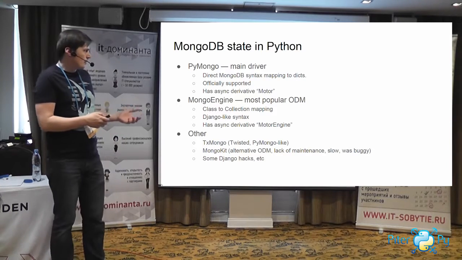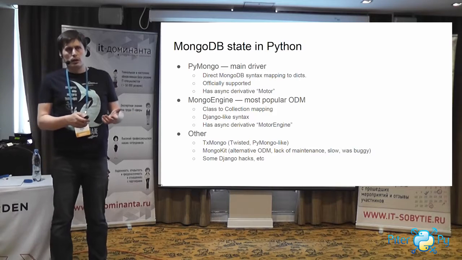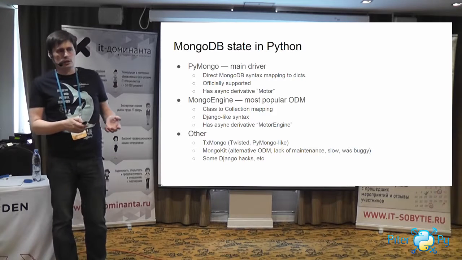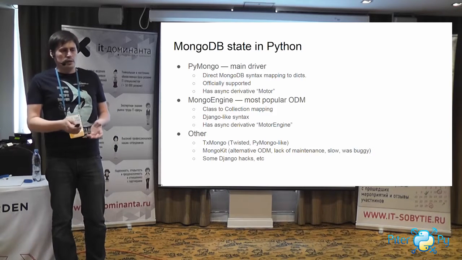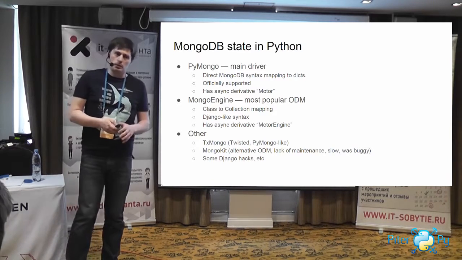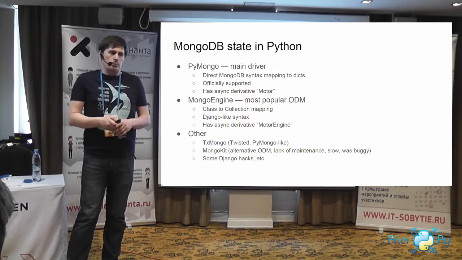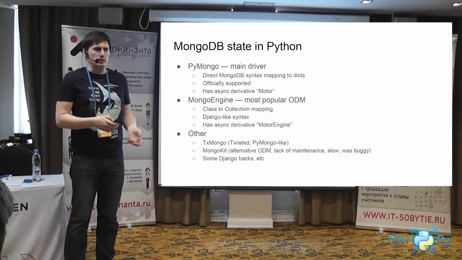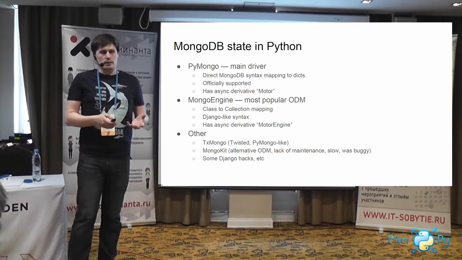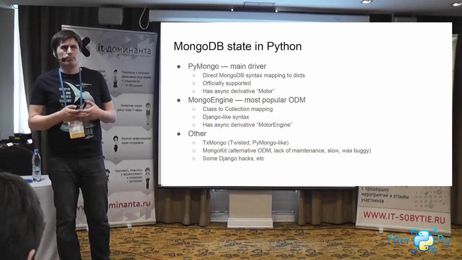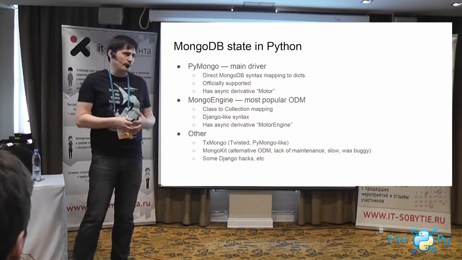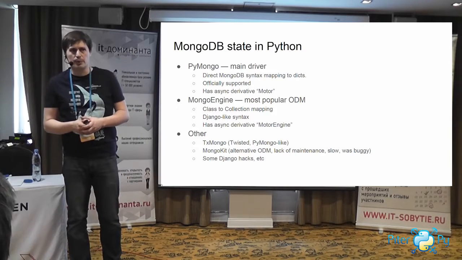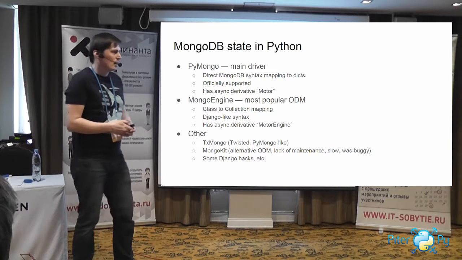And we have two ODMs, object document mappings. It's MongoEngine and MongoKit. Personally, I don't like MongoKit at all. It proved to be buggy or error prone, and it needs maintainers now. This project is having a bit of bad times now.